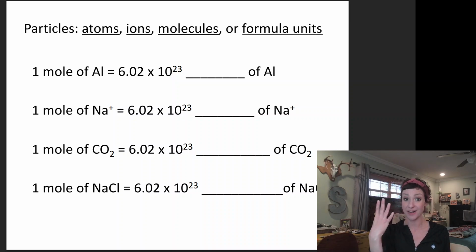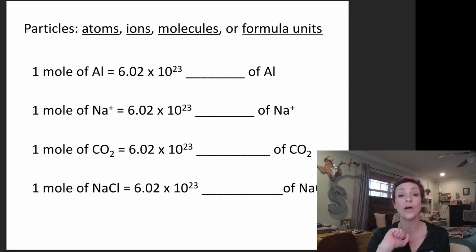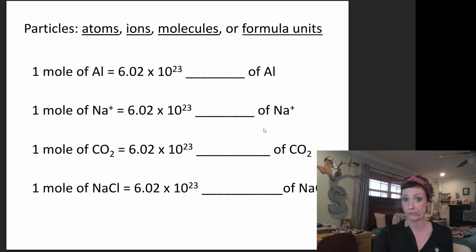So now we're going to go through this practice and see if I can recognize these based on the formulas, whether they're an atom, an ion, a molecule, or a formula unit. So for the first example, it says I have 1 mole of aluminum. If I have 1 mole of aluminum, that means I have 6.02 times 10 to the 23rd what of aluminum? Just looking at that symbol, is that an atom, an ion, a molecule, or a formula unit?